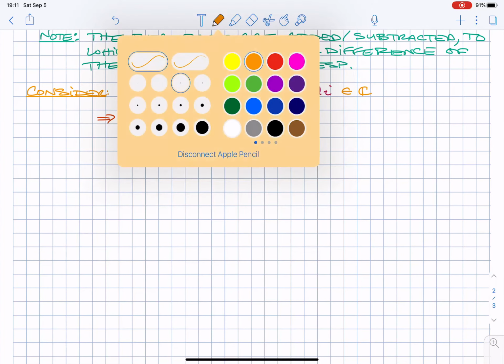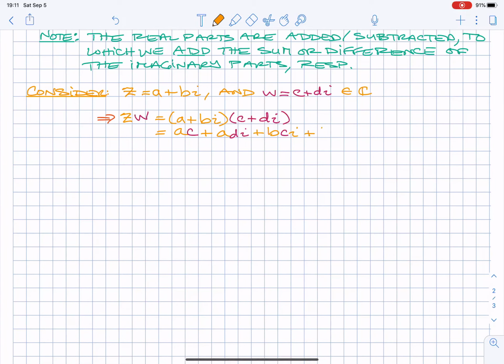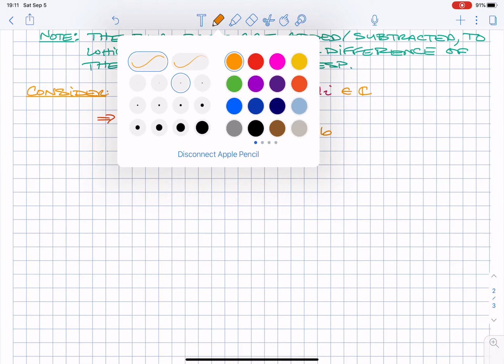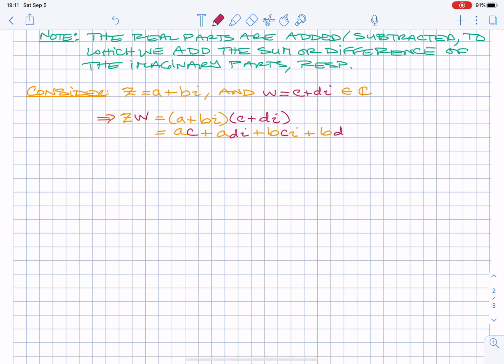And finally, we will have plus BD times i squared.